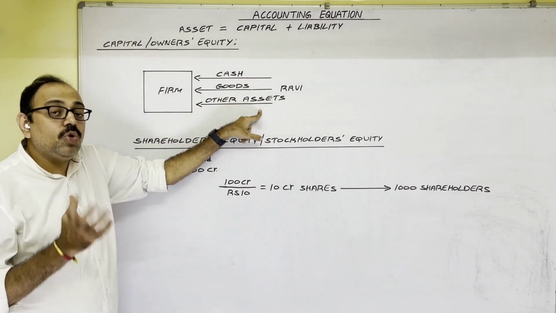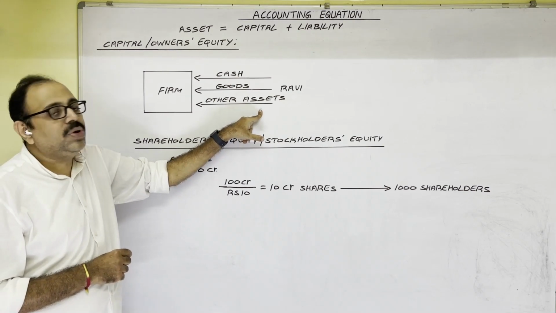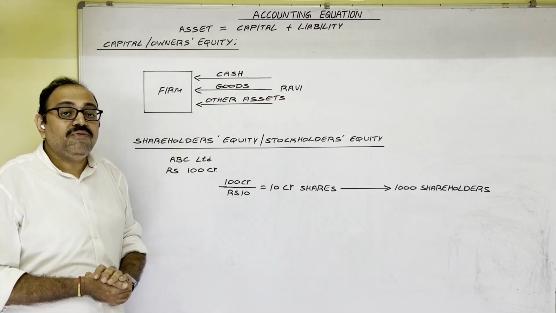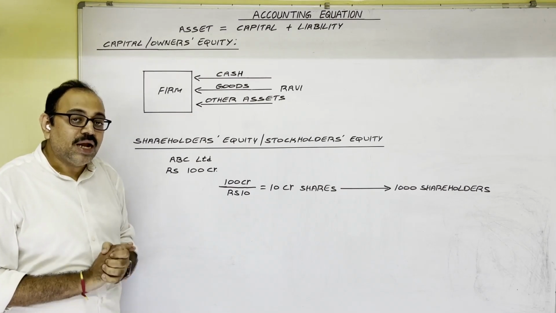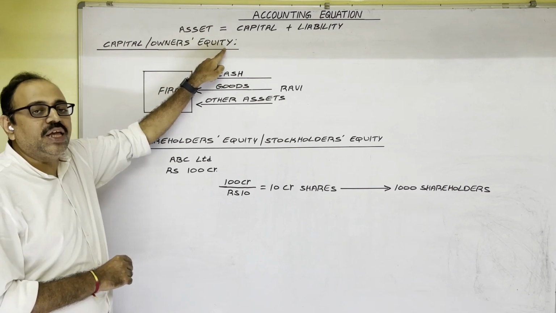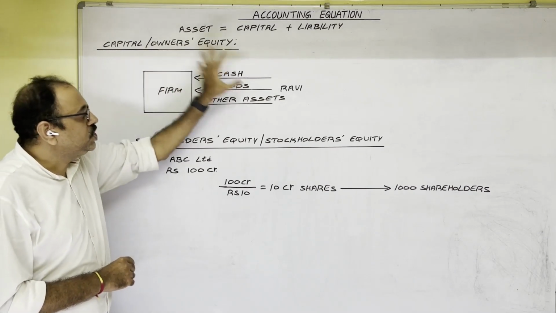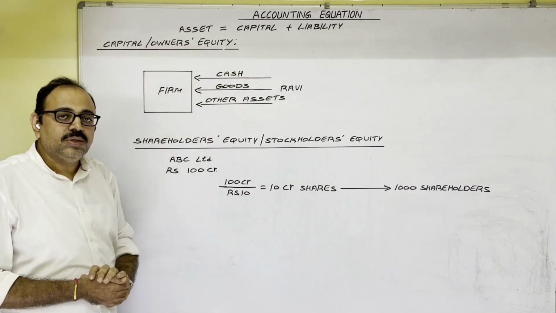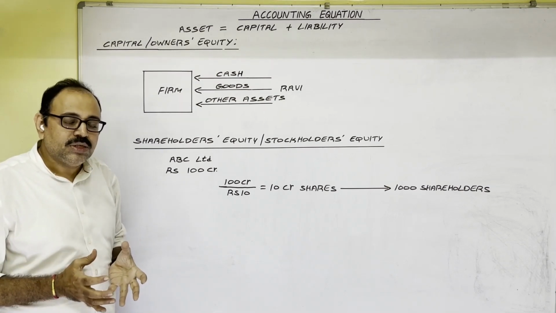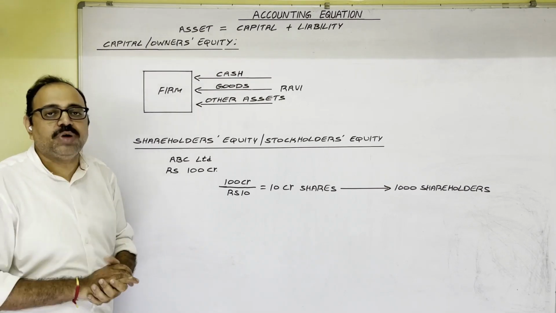So in case of sole proprietorship, single ownership, who is bringing this capital? Ravi. So Ravi is the owner of this business. That is why this capital is also known as owner's equity. Suppose you take a joint Hindu family business. Who brings capital here? The family members from joint property, they invest money.